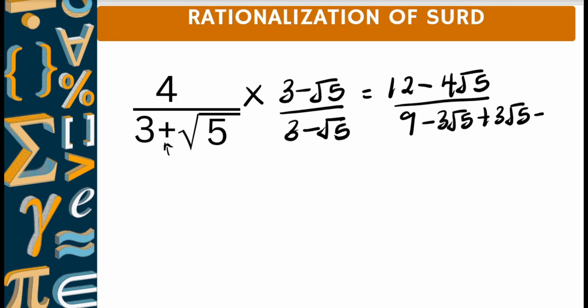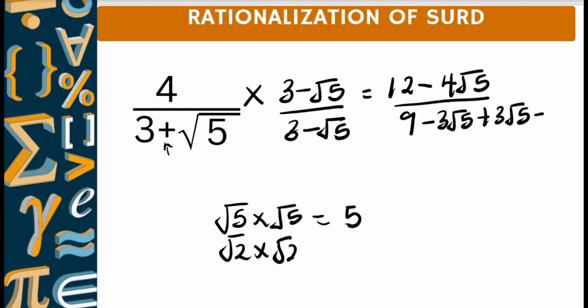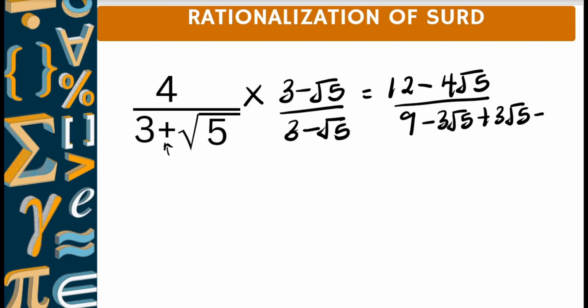Or you can simply remember one of the classes we had, when I told you that if two irrational numbers multiply, like rational numbers multiply, it will give us the number in rational form. That means that root 5 times root 5 will give us 5. Root 2 times root 2 would give us 2. Root 3 times root 3 would give us 3. You can either apply that, or root 5 times root 5 will give us root 25.